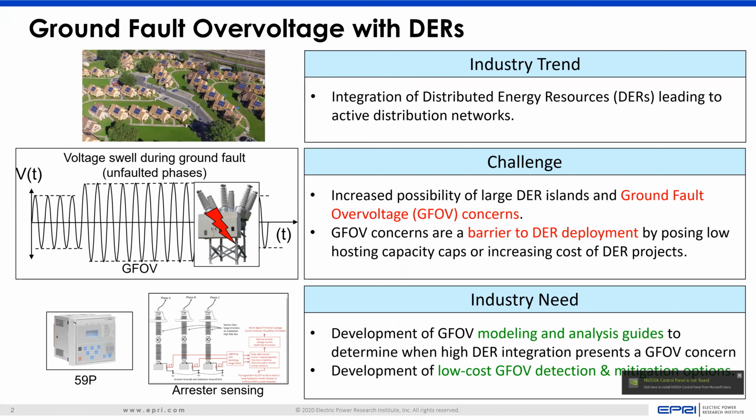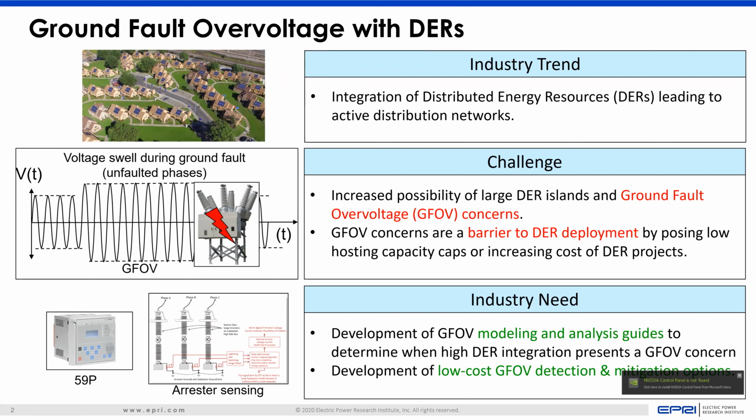Ground fault overvoltage with DERs. The industry trend is integration of more and more distributed energy resources, DERs, in distribution networks, solar PVs, battery energy storage units, and this leads to formation of active distribution networks. The challenge that comes with this is the increased possibility of large DER islands.